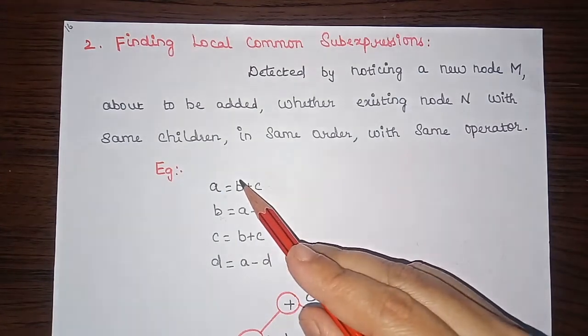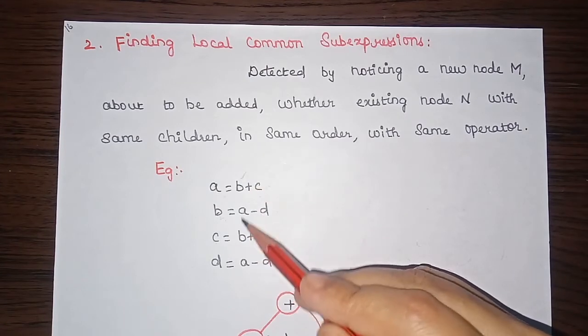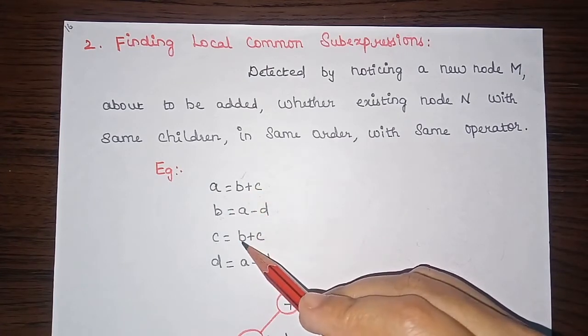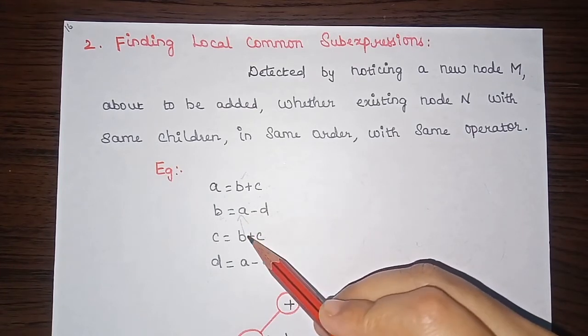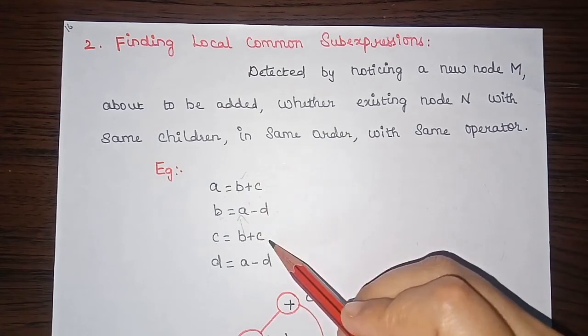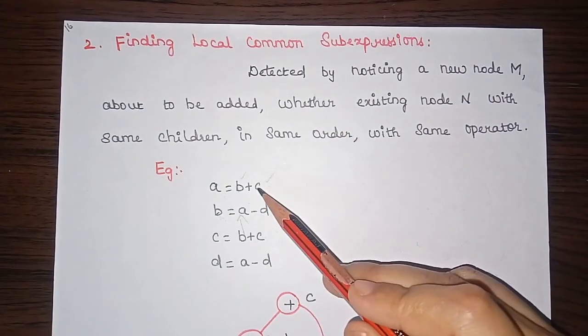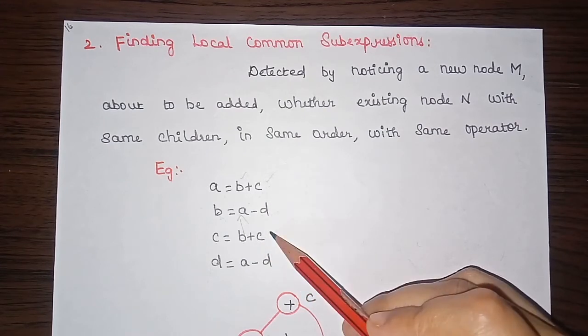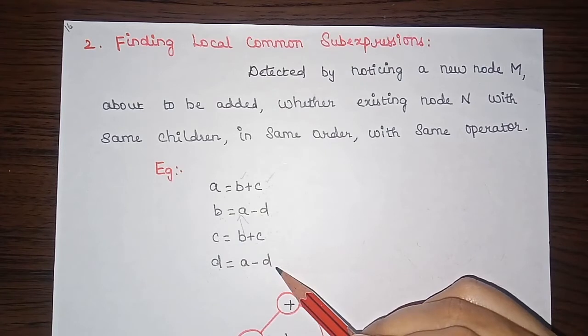Why? Because here the value of b will be something, and after this statement the value of b gets changed based on the statement execution. So the value of b is changed, and it will not compute the same result as the earlier instruction. So we cannot say that this is a local common subexpression. Coming to the next statement, d equals a minus d.